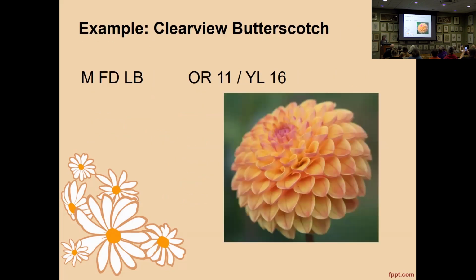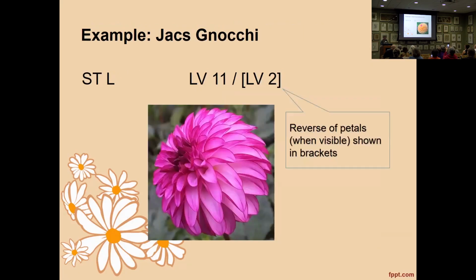So, this is a miniature Farmer Deck, light blend, orange 11, yellow 16. Clearview Butterscotch. This is Jack's Gnocchi, Stellar Lavender, Lavender 11 with a reverse of Lavender 2.